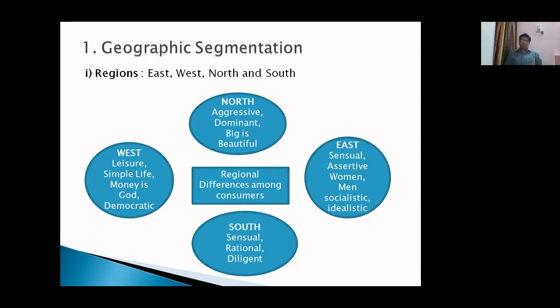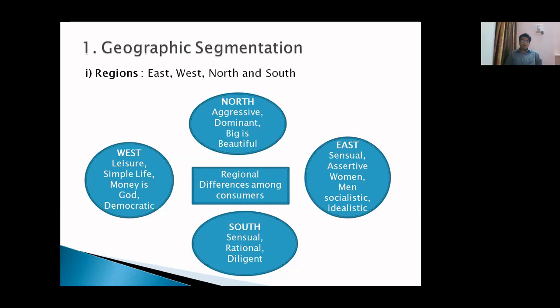These characteristics of the people living in various regions will shape up their needs and wants.